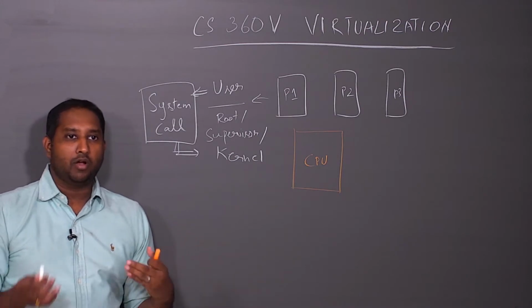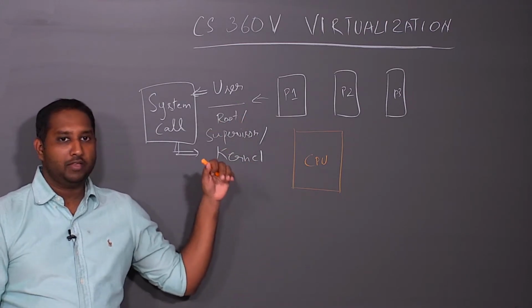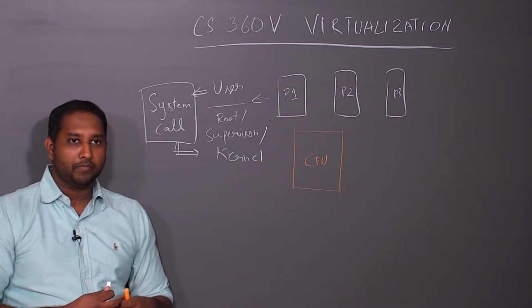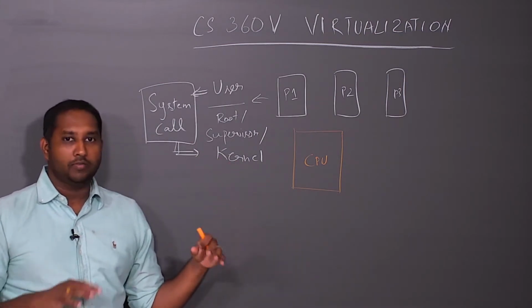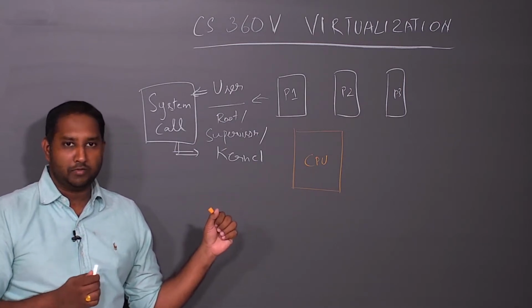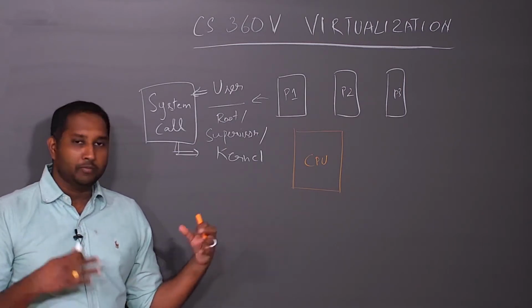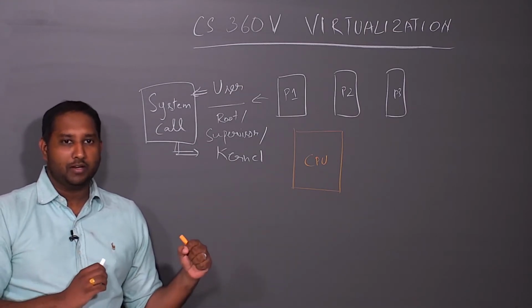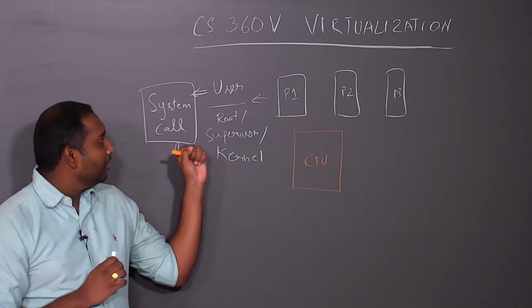It does something on behalf of the user mode process, and then you return back from the system call to user mode. This is all normal stuff that you should have learned in CS439. I know there are some students in class who have not taken CS439, so this is to refresh your memory.